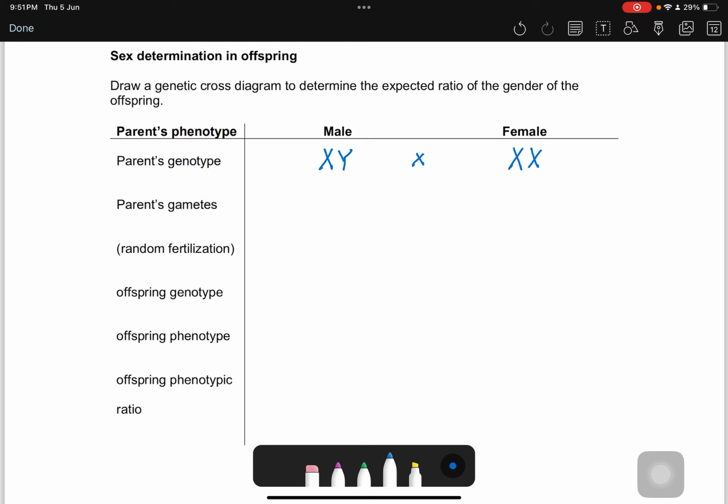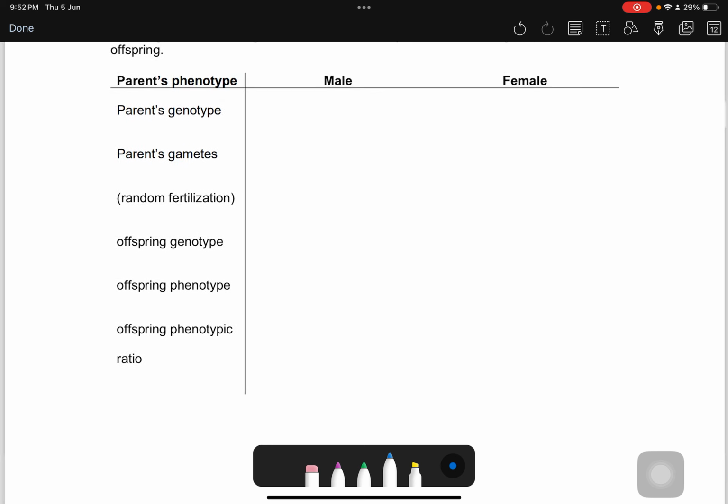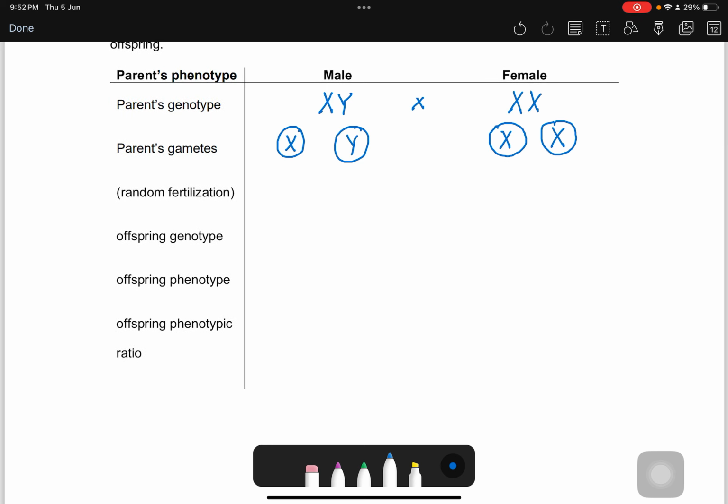So the gametes. Each sperm either carries an X or a Y chromosome, and each egg in the female carries an X chromosome. Due to random fertilization, there will be 4 different combinations that you can obtain. First is XX, which will give rise to a female, a daughter.